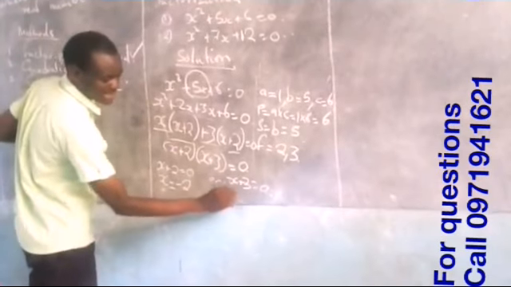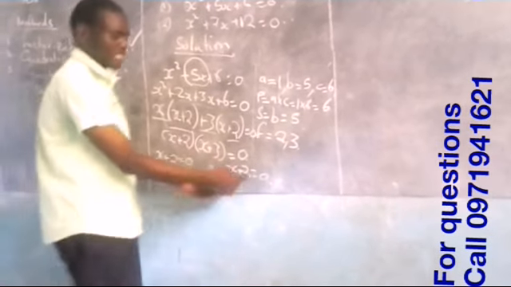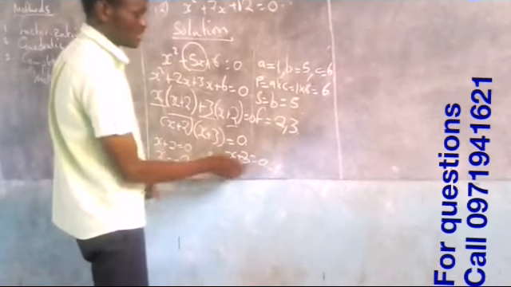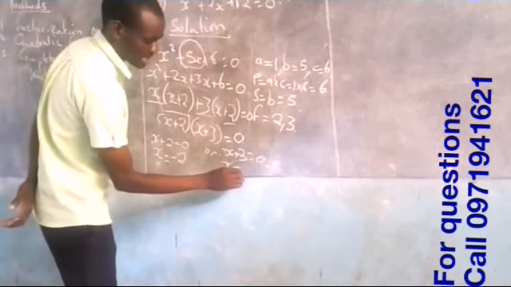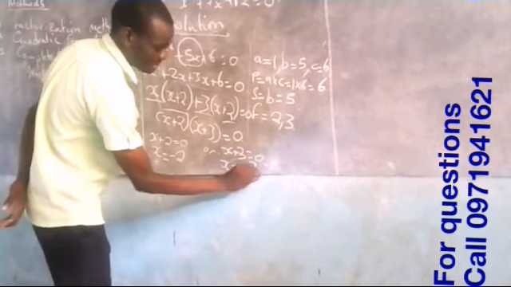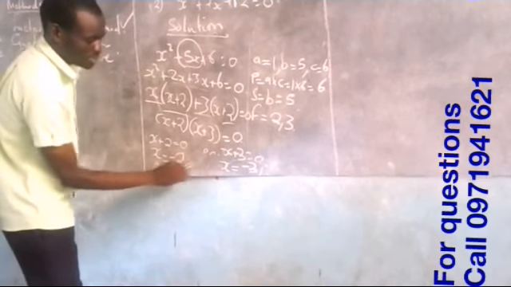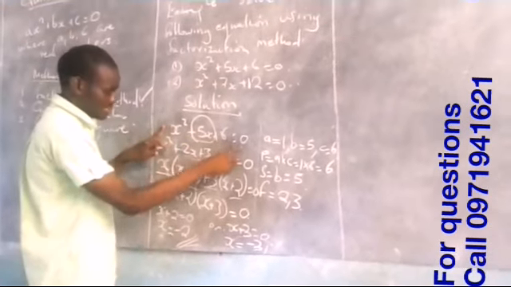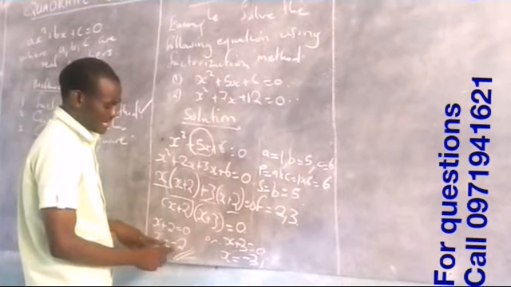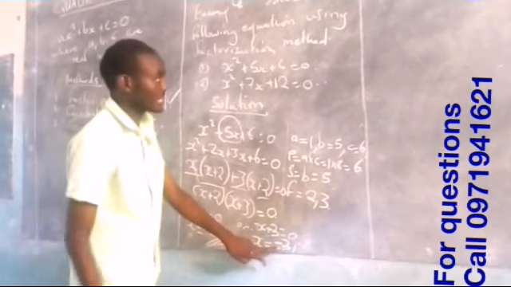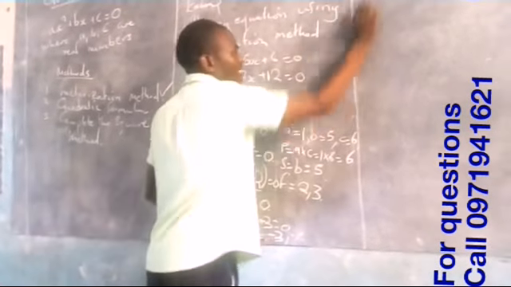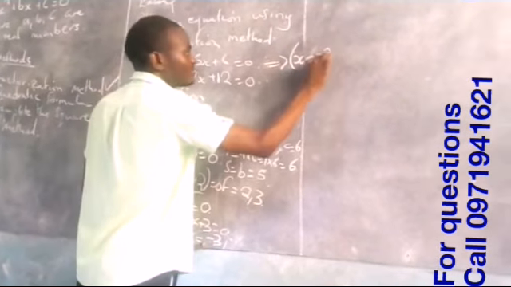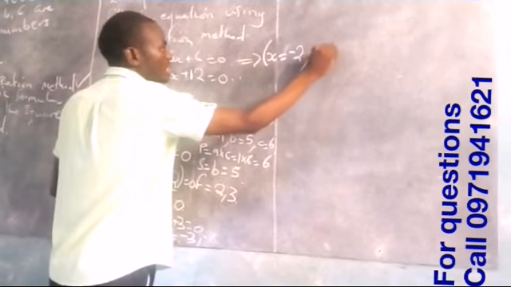And on the other side, when you take the 3 to the other side, it changes sign and becomes negative, so x is equal to negative 3. So for this equation, x squared plus 5x plus 6 is equal to 0, the answers are x is equal to negative 2 and x is equal to negative 3.